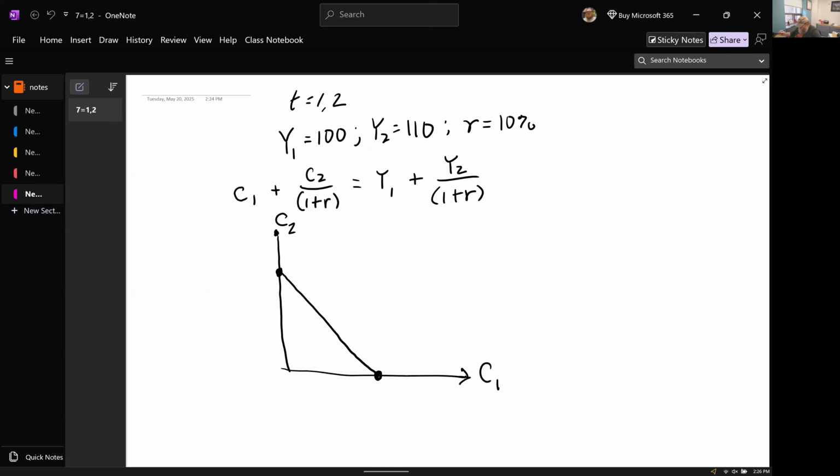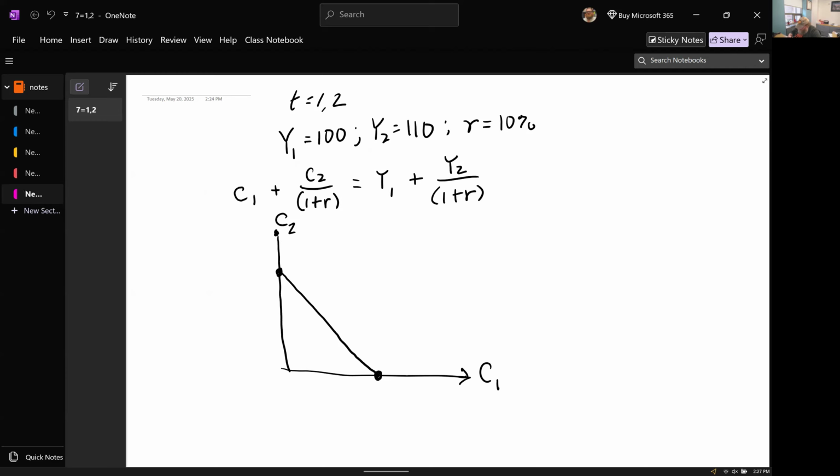Now, this is where I was mentioning to you before. We can essentially think about the price of consumption as being one here. You'll notice we haven't really mentioned the price of consumption, because the idea is that a dollar of income is going to equal a dollar of consumption. So the prices of C1 and C2 here are essentially one.